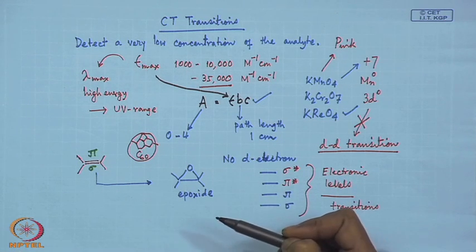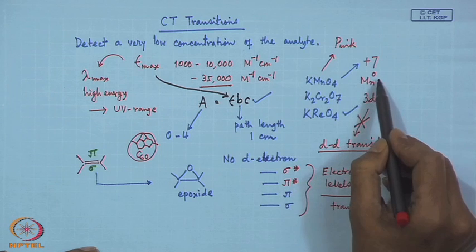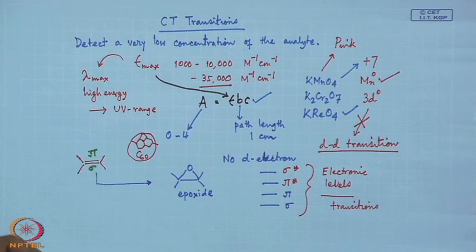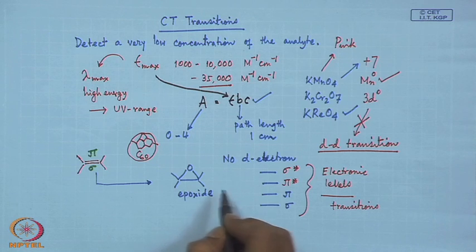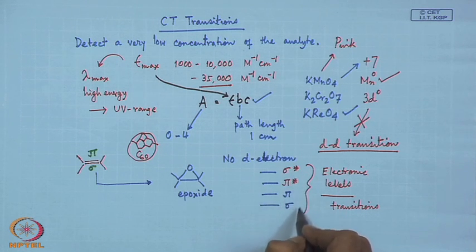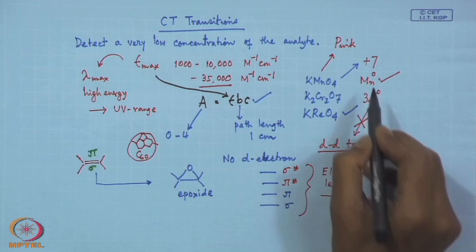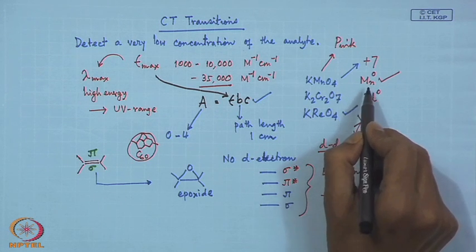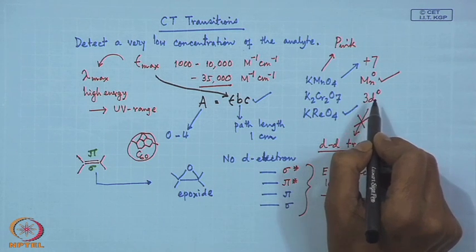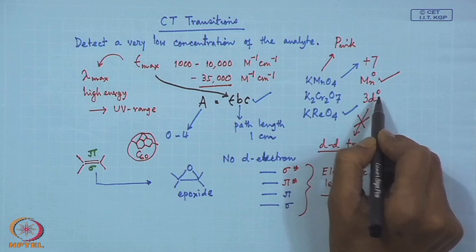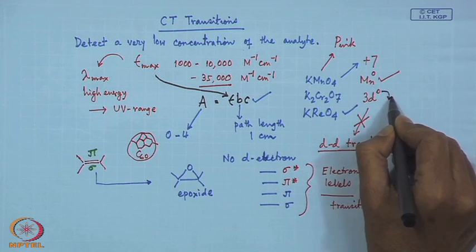In the other case, when no d electron is present, such as in a manganese 0 system, we can have some charge transfer type of transition involving the ligand system, the organic part. But there are some transitions where the metal d electron is not there, that means the electron cannot go from the d level, because it is a vacant level.